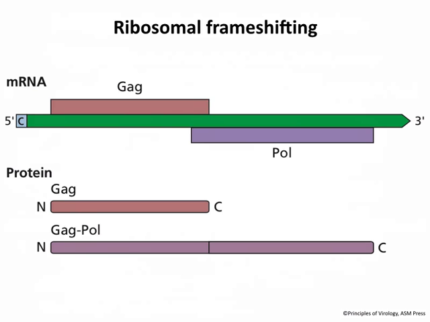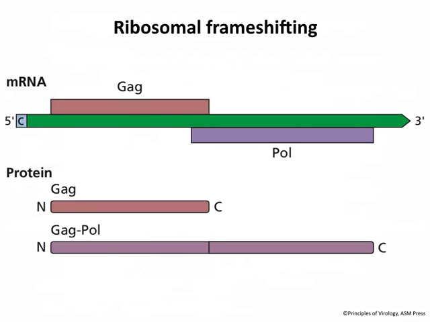Another interesting mechanism is called ribosomal frameshifting. This is observed actually throughout life as well, not only in viruses, but in cells and also in bacteria. And this is another example of how retroviral mRNAs are manipulated to access the polymerase coding region.